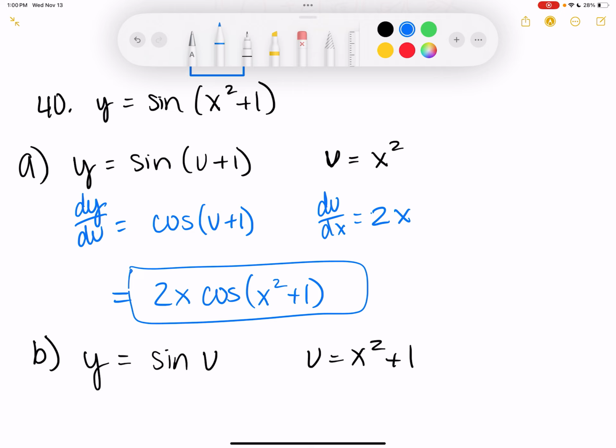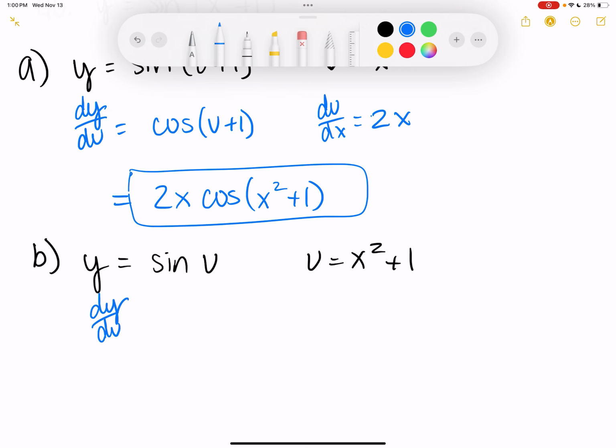So what is dy du? Cosine of u times 1. And what's du dx? 2x. Yep. So we take that and multiply it, replace u with this stuff. So I get 2x times the cosine of x squared plus 1.